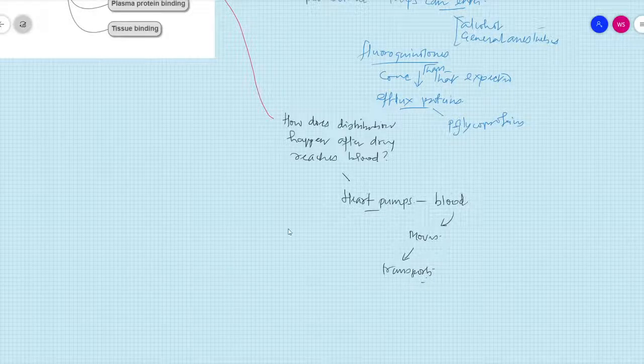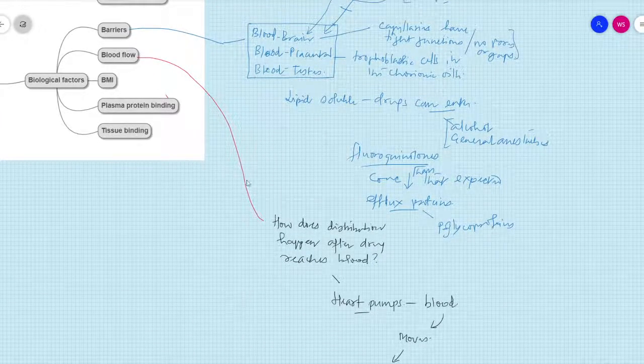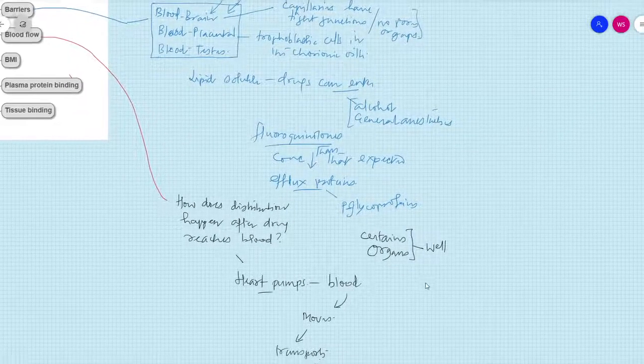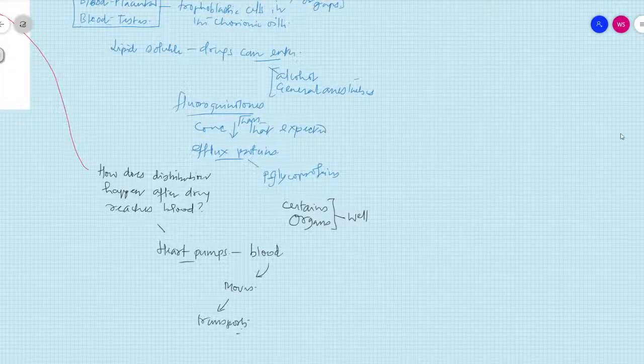There are certain organs that are well perfused.